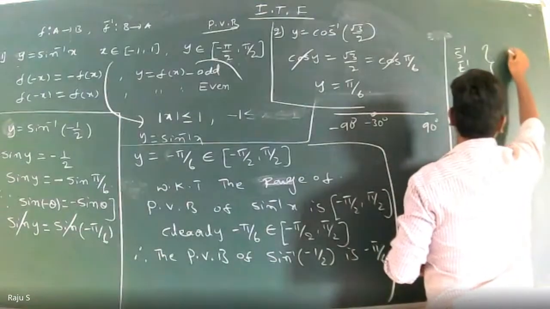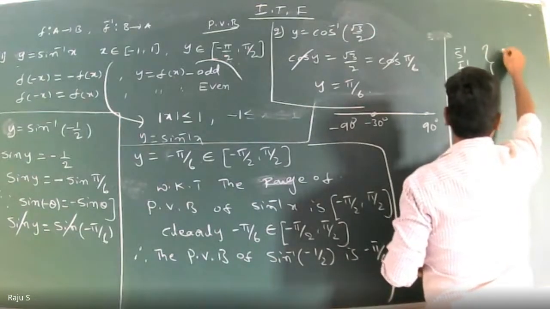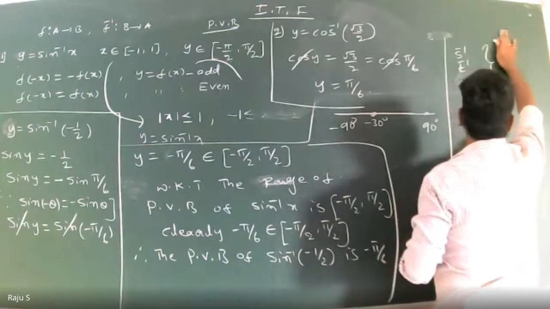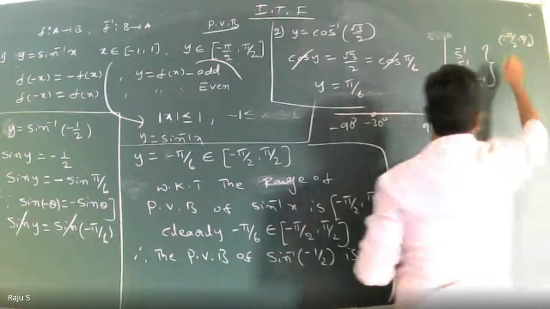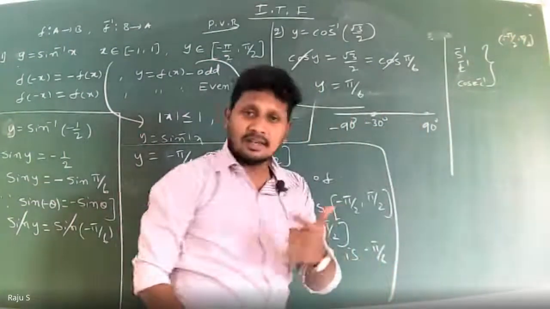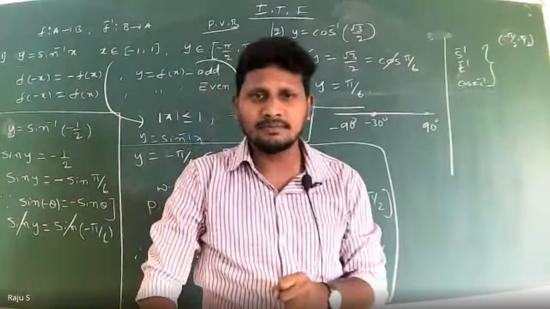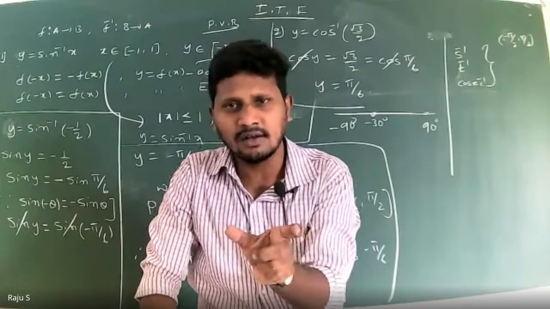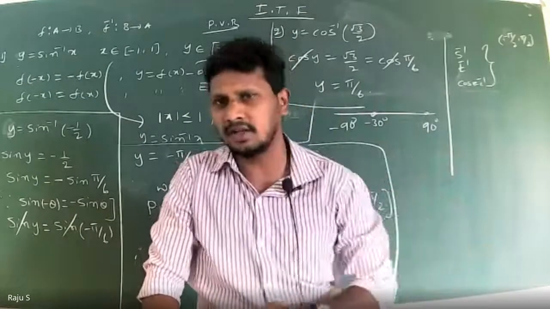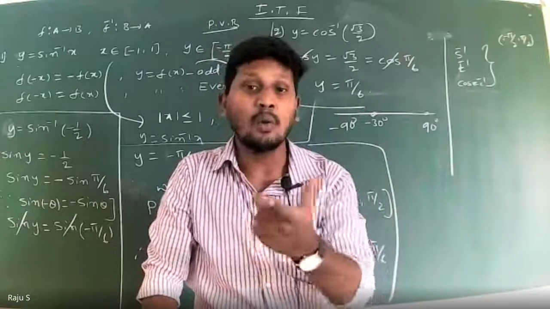The interval is minus 90 to 90 only. But sine inverse is a closed interval. Its reciprocal, cosecant inverse, is also a closed interval, same values, minus pi by 2 to plus pi by 2. But tan inverse is an open interval.